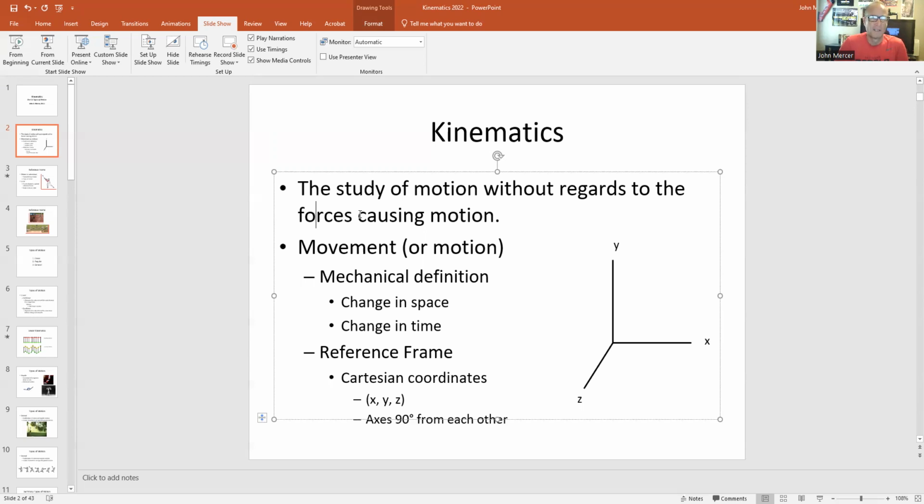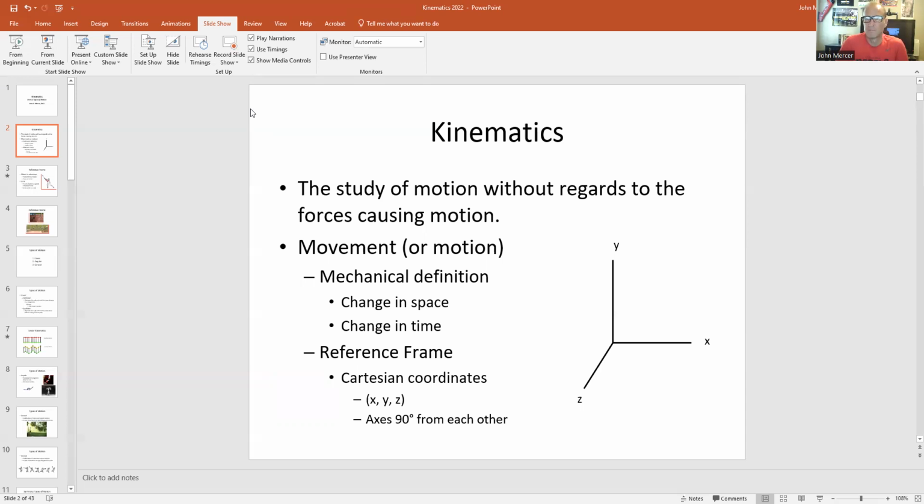In order to quantify that movement, in order to describe that movement in detail, we need a reference frame. And a reference frame is just a way to identify where an object is in space. So if we were in a classroom, I would be able to create a seat map by identifying what seat you sit in based upon the row and the seat number from the aisle.